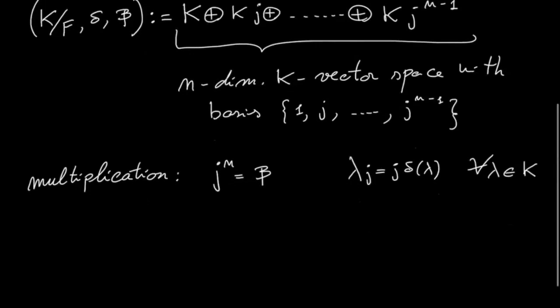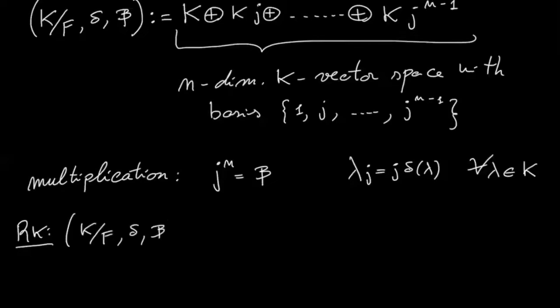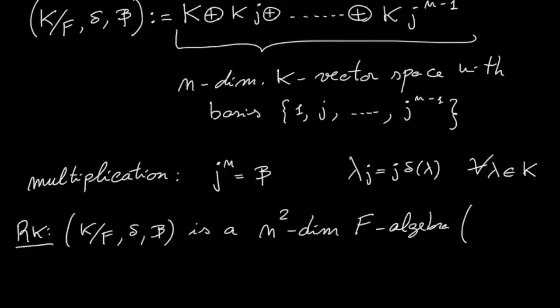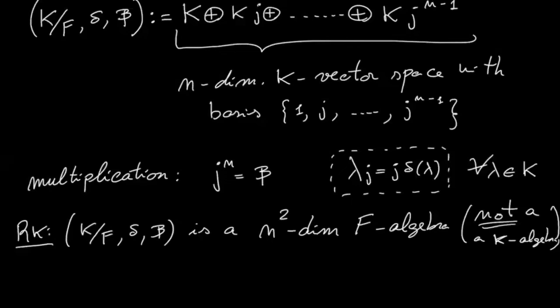The important remark about this definition is that this cyclic algebra is an n squared dimensional F algebra. Note that it's not a capital K algebra because of this relation here. It's an F algebra, not a K algebra, and it's n squared dimensional.